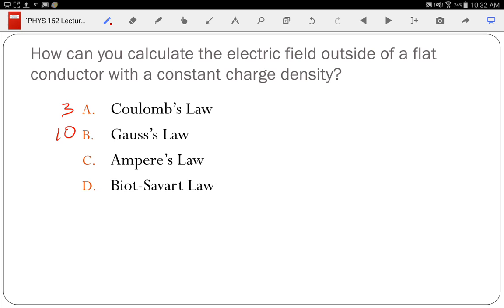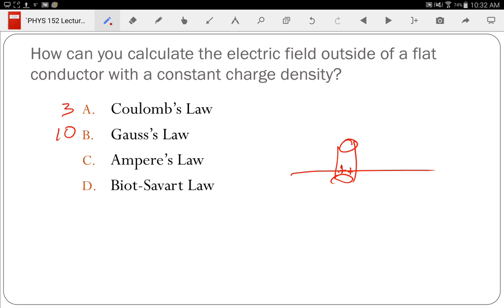Okay, this was a question from last class period, just checking our continuity, remembering that with those flat plates, we used Gauss's law. We made a little Gaussian pillbox, one side inside the conductor, one side out. So we have charge on the surface trapped in there.